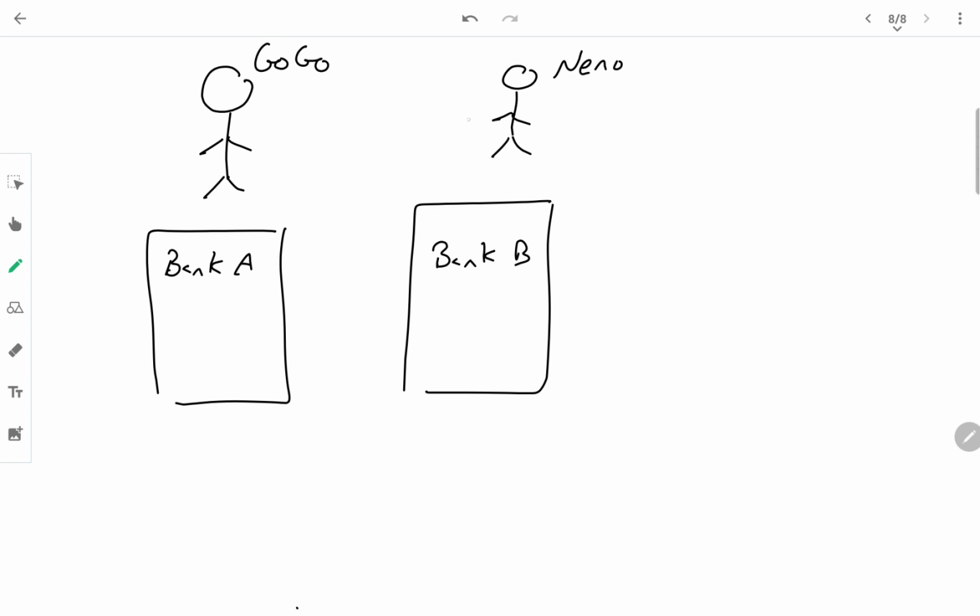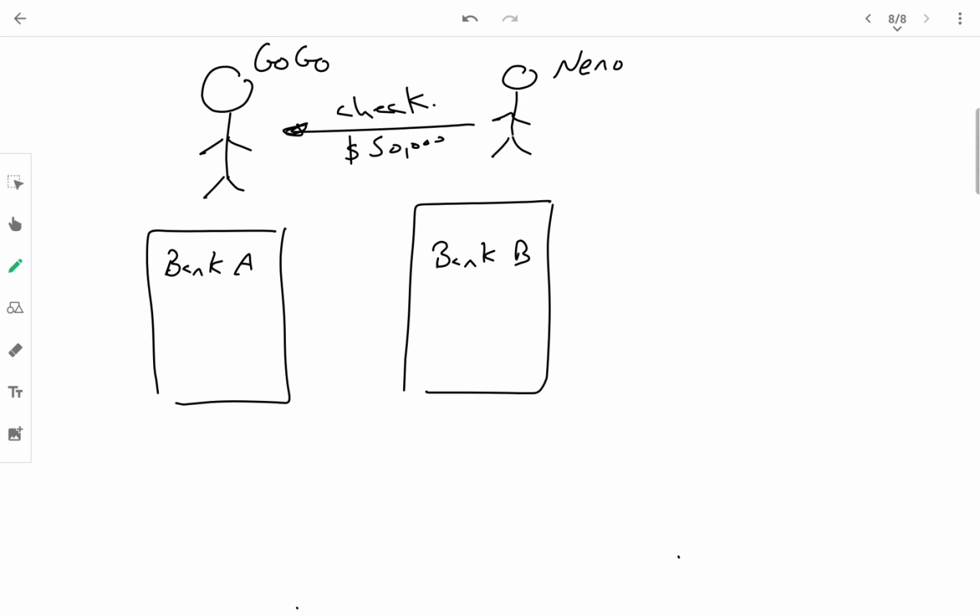Nino writes a check for Gugu with 50,000. His account is in bank B, and Gugu's account is in bank A.